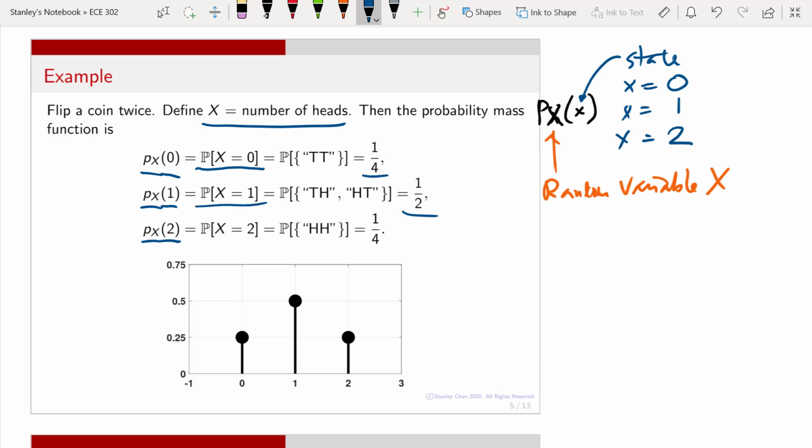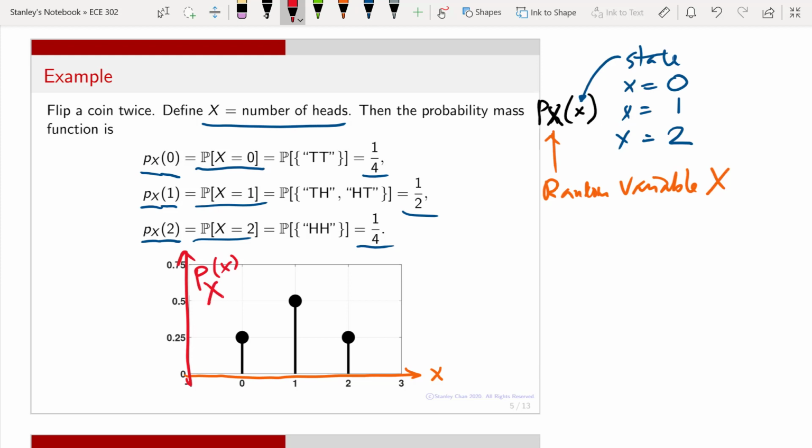Here that will give you 1/2, and here will give you 1/4. And now we can draw the diagram of 0, 1, 2, and so on. And this is the state. This is the small x. And then the y-axis would be the p of x.